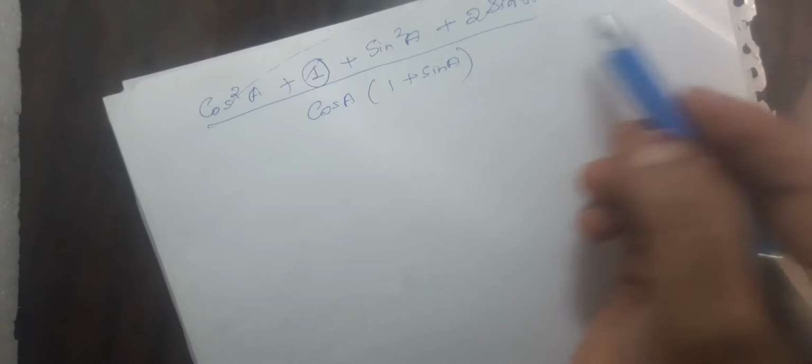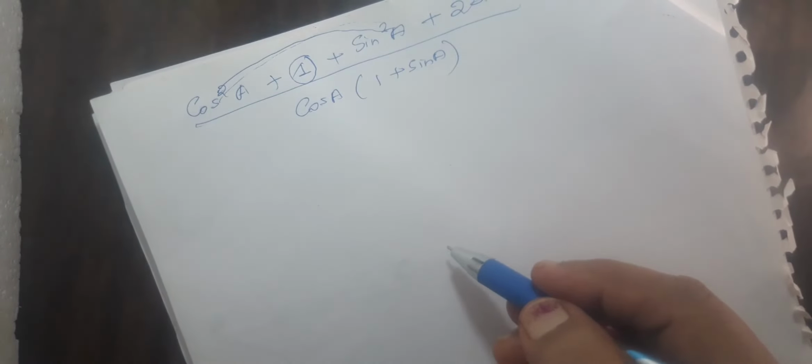Now see what happens. You have to learn some things when we tell you, and even during practice you have to remember them. Now, cos squared A plus sin squared A, I'll just mark it like this, or sin squared A plus cos squared A, just now we have remembered it is equal to 1.